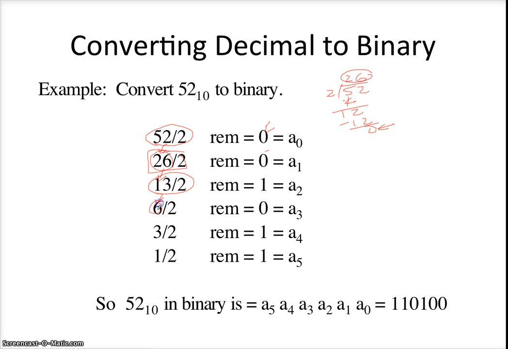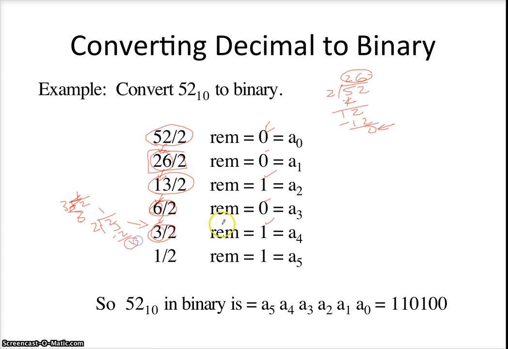Take that 13 divided by 2, which gives us 6 with remainder 1. Then 6 divided by 2 gives us 3, with a remainder of 0. 3 divided by 2 gives us 1, with remainder 1.